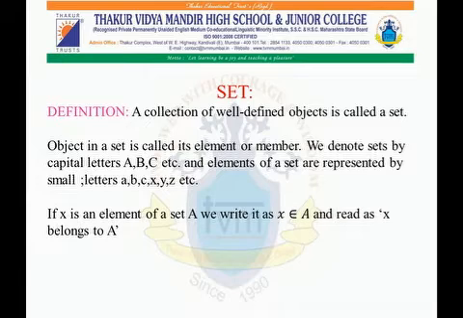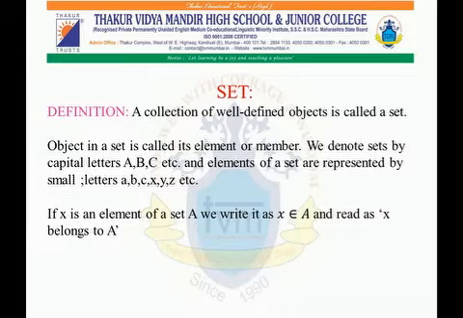We denote sets by capital letters A, B, C. Always remember that whenever you write any set, you have to use capital letters. And if you are writing the elements in a set, then you have to use small letters.